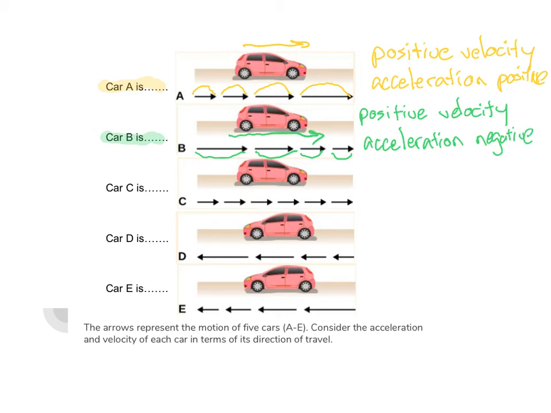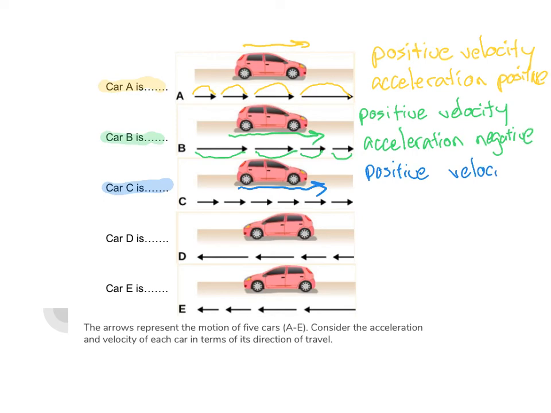All right, now let's do car C. How would you describe car C's acceleration and velocity? Are they positive, negative, or neither? Okay, let's break down car C. Car C is moving to our right. Its velocity is positive.